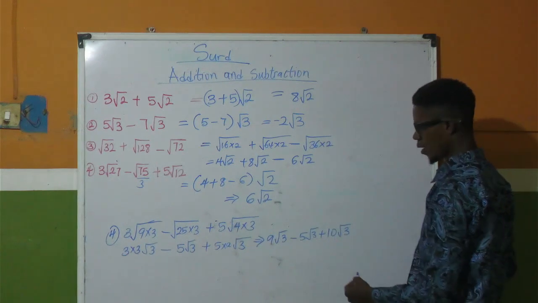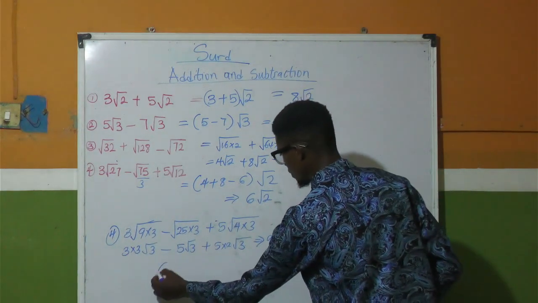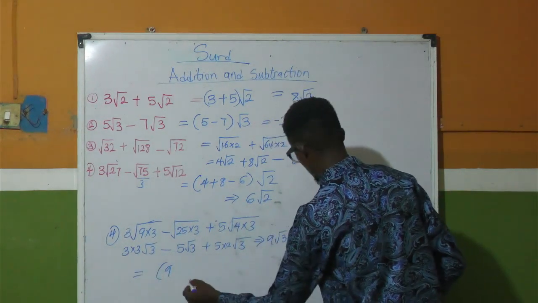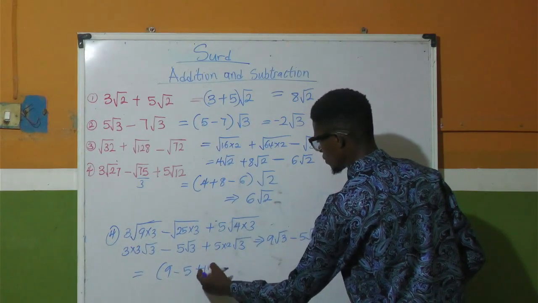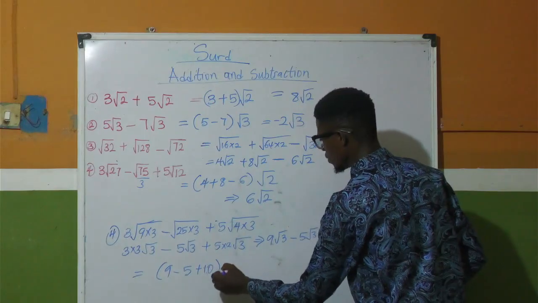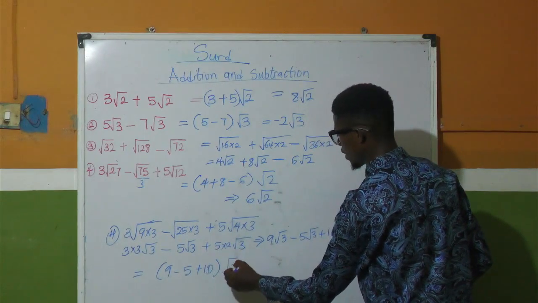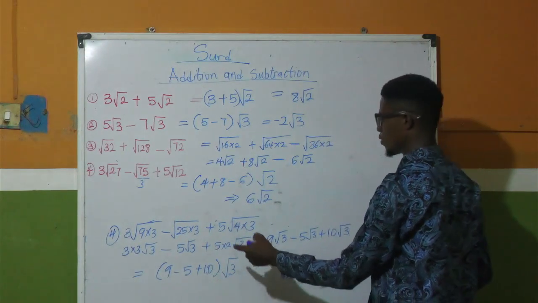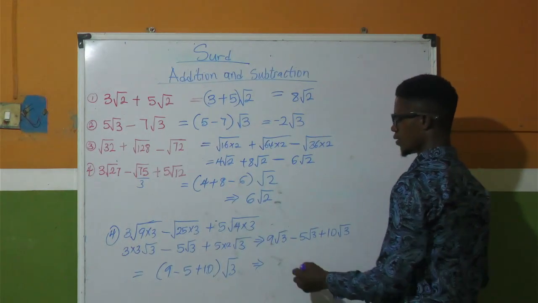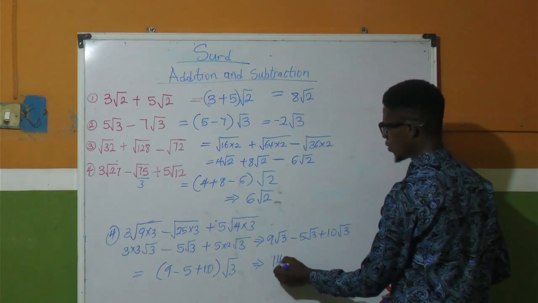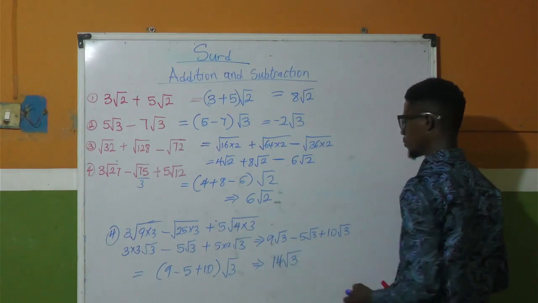So we have 9 minus 5 plus 10, times root 3. 9 minus 5 is 4, and 4 plus 10 is 14. So we end up with 14 root 3.